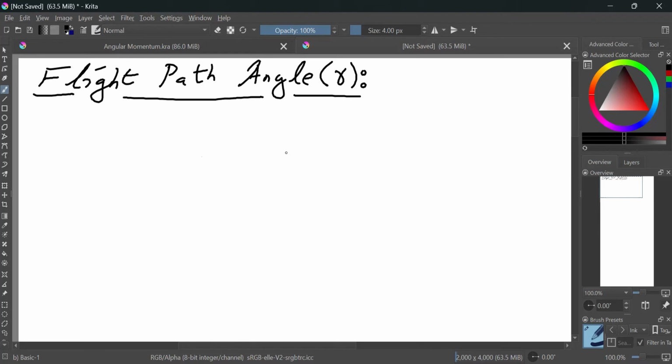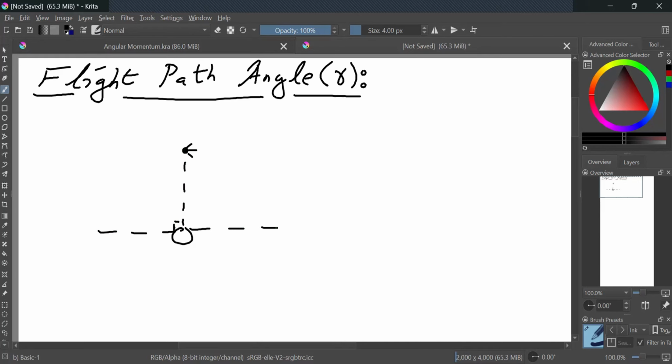Now, circling back around to the topic at hand, if we have a host body, like the Earth, doesn't have to be the Earth, but it can be, draw an imaginary line straight up to our spacecraft. We can see that at a 90-degree angle to that vertical, we have the horizon.